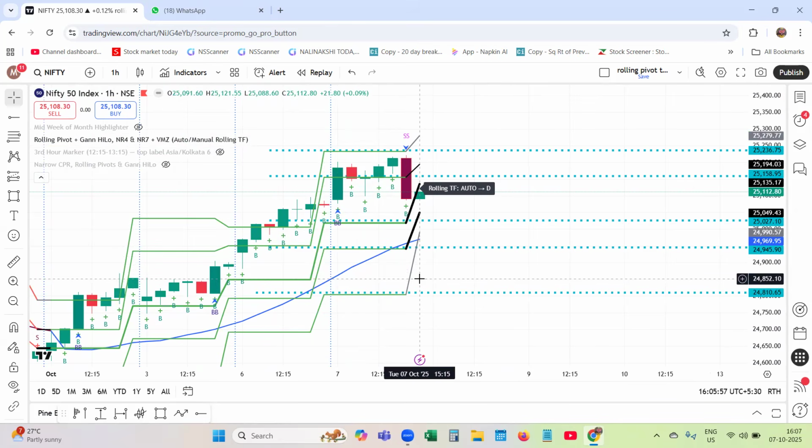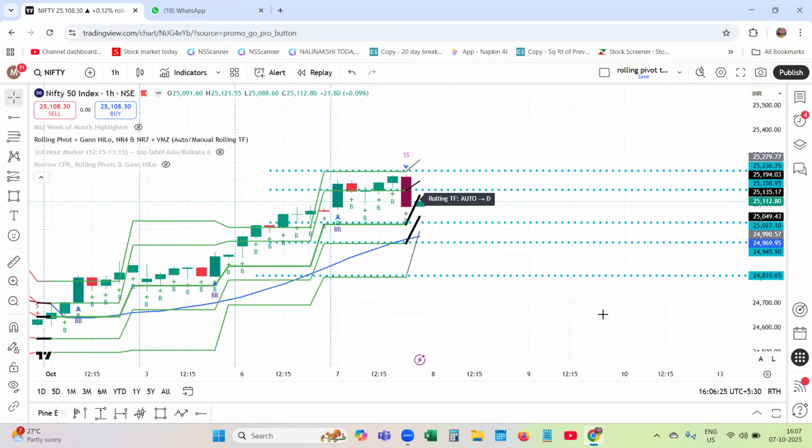So all the pivots, even the S2, S1 and R1, R2 pivot, this is the pivot. So price is at the pivot. See, if the price comes to 25,019, it may react, or otherwise it can even dip down to this level and a reversal can come in the market.